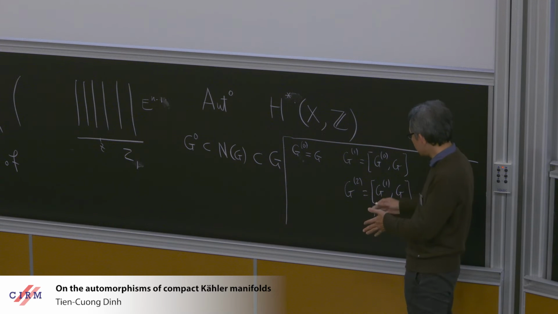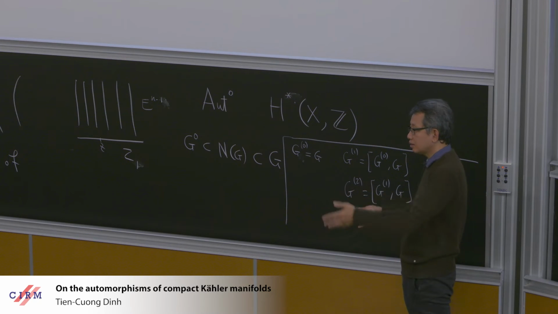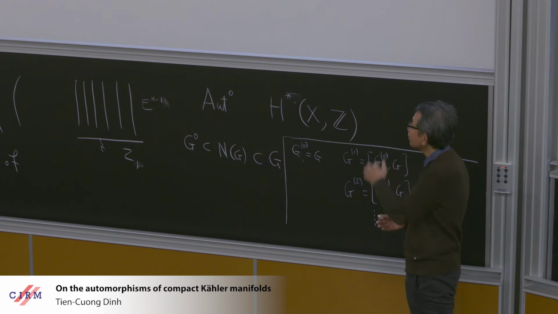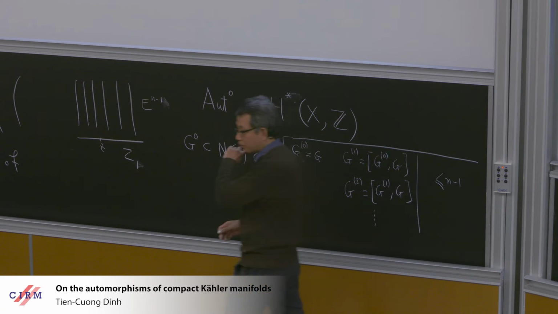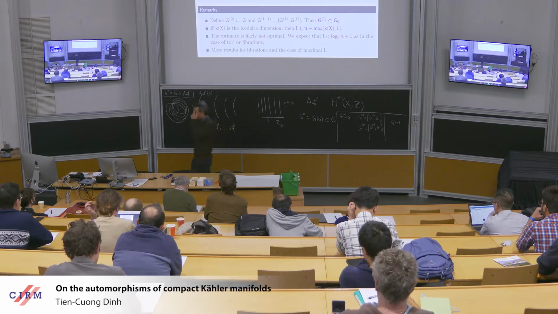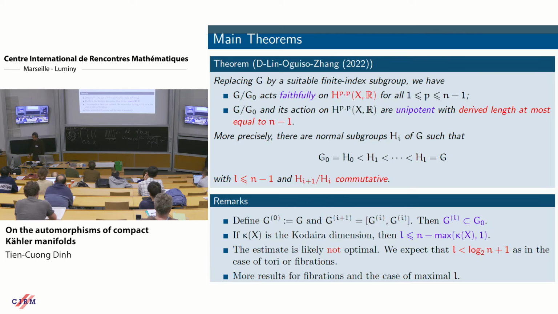So this sequence is normally longer than the sequence that I give here. But if you can show that the length of this sequence is smaller or equal to n minus 1, then this is probably optimal. And then you get as a consequence that L is smaller than log 2 of n plus 1.